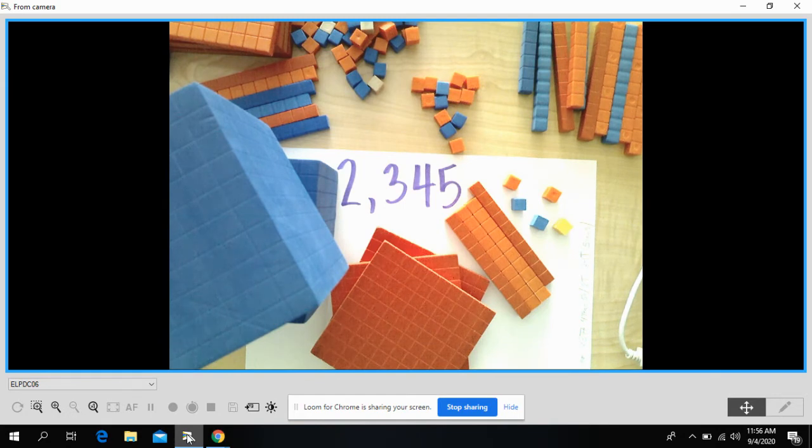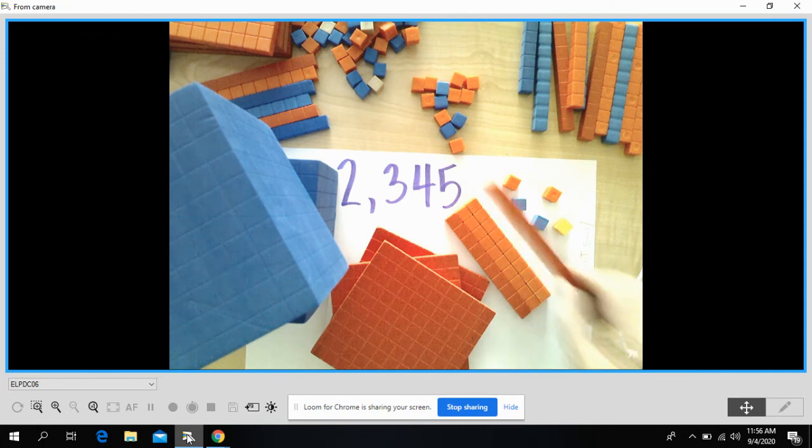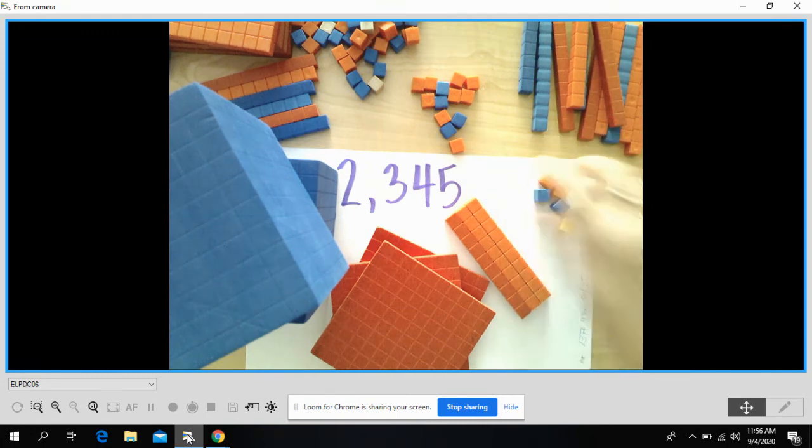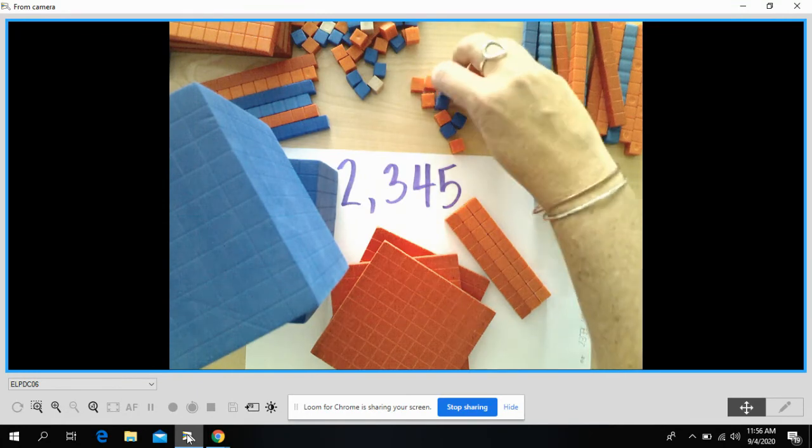Oh man, let's see what we can do. What if I took a 10 away? If I take a 10 away, I have to replace it with 10 ones.